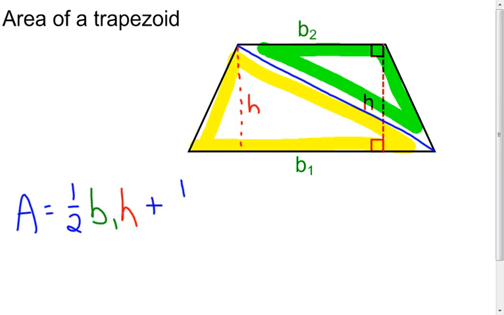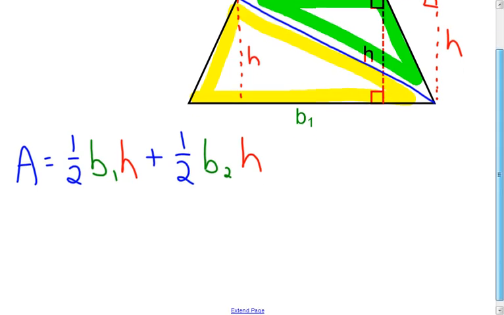Now I have to find the area of the top triangle. So 1/2 times the base of this one, I'm going to use B2 as the base. If B2 is the base, then my height is actually going to be here with my base extended. That's also H long, so it's right there. Here's one formula for the area of a trapezoid. It's not a formula that I would use, but it is a formula.